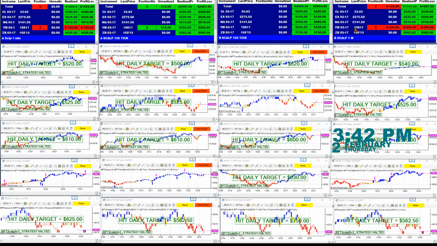The reason is, you can see on the YM, the 1 minute B scalper didn't hit the target. It is really struggling on the 150 ticks, and really struggling on the 1 minute, which indicates to us that this market is not giving anything today. Welcome to trading.